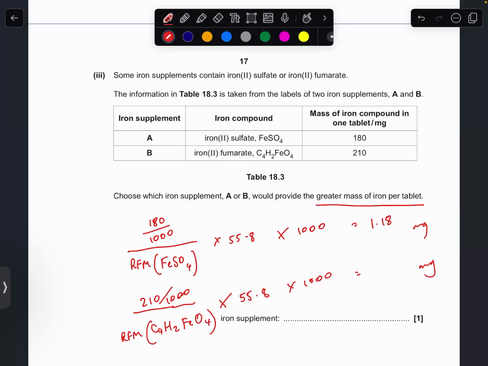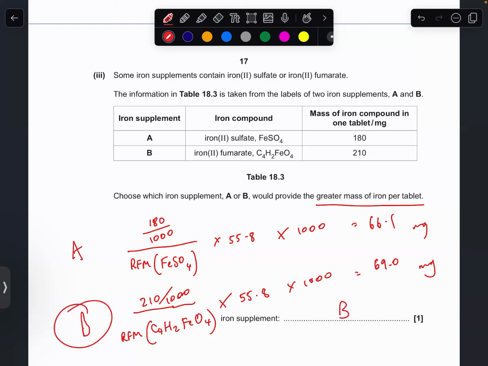Oh, missed a step. Now the other one. So that's B and that's A. The answer would be B. B provides the greater mass of iron.